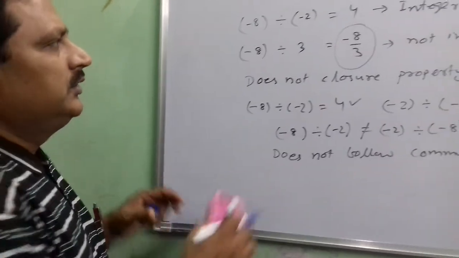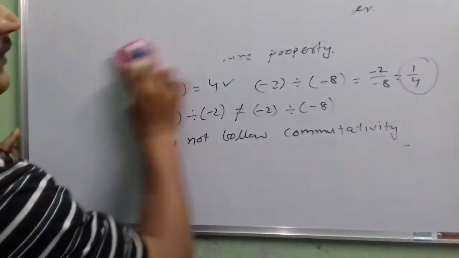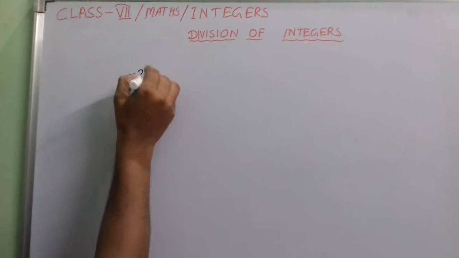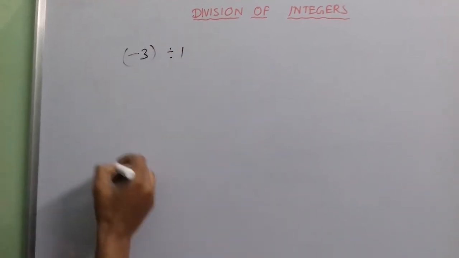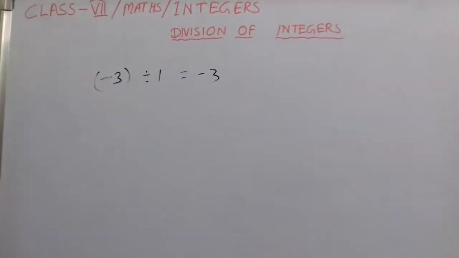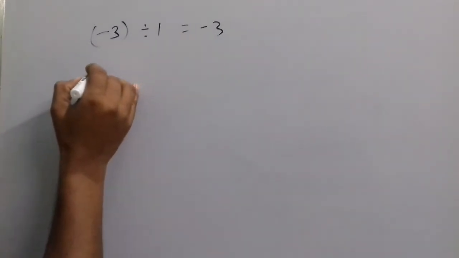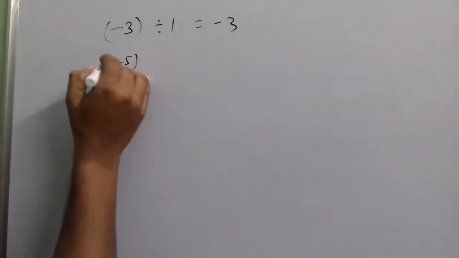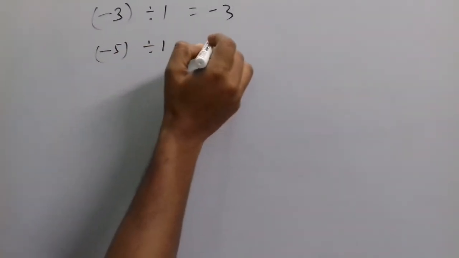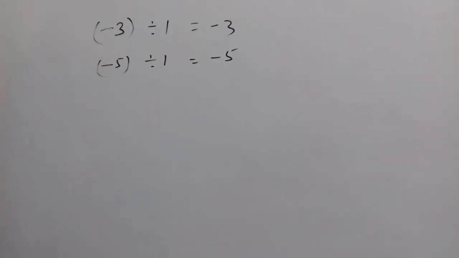Now, what about when we divide an integer by 1? You know minus 3 divided by 1 gives you minus 3 only. Minus 5 divided by 1 gives you minus 5 only.